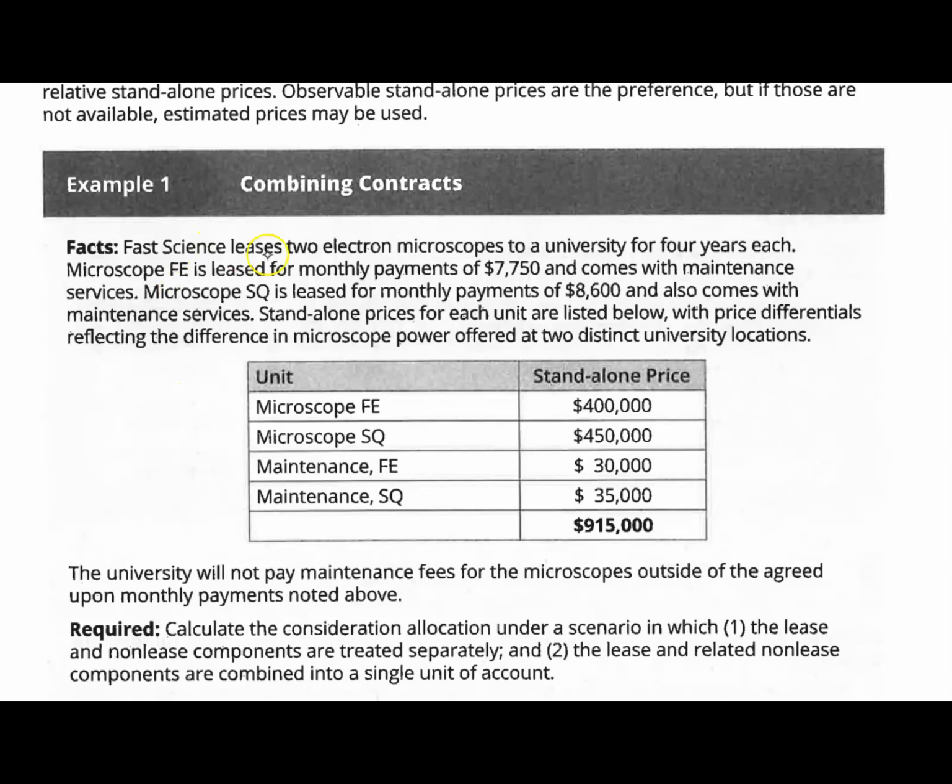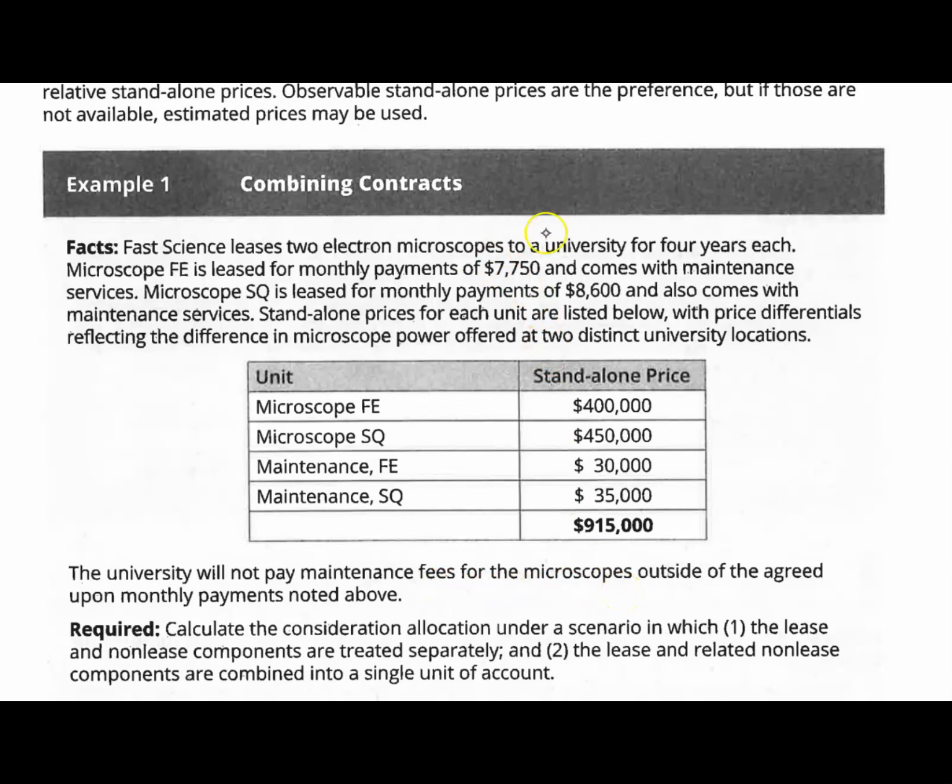So Fast Science leases two microscopes to a university for 4 years, one is microscope FE, another is microscope SQ, and these are the monthly lease payments. Here you will also see that there is some maintenance service, and you will also see the stand-alone prices for all: both microscopes' separate prices and the separate maintenance amounts. Now here the university will not pay maintenance fees for the microscope.